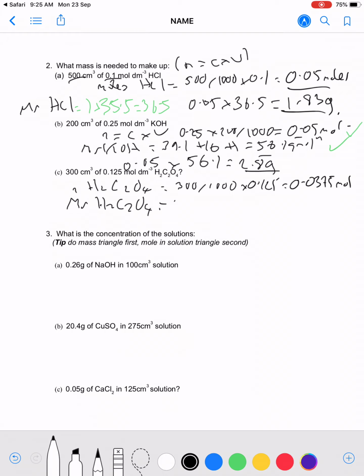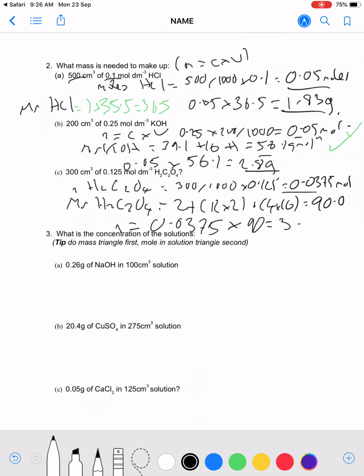Well, it's going to be 2 plus 12 times 2, plus 4 times 16 for my oxygen, which I make 90.0. So the mass needed is going to be 0.0375 times 90, which equals 3.38 g to 3 sig fig.